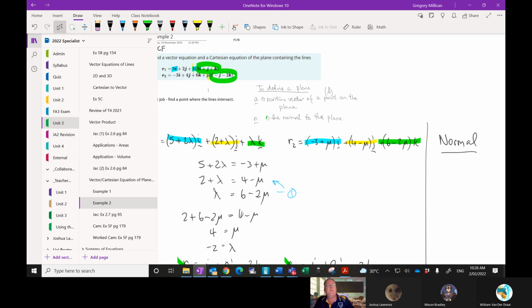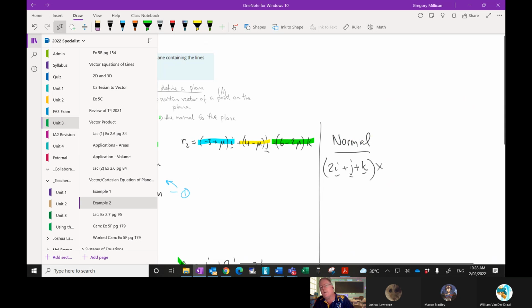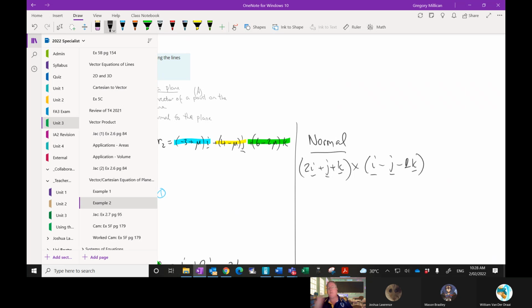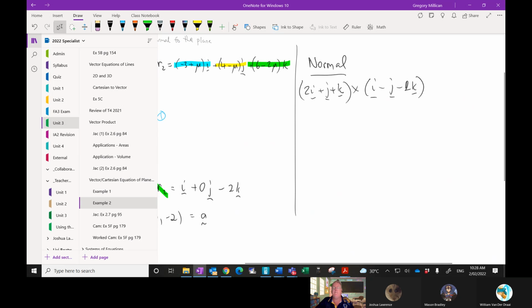So all I need to do is cross product 2i plus j plus k crossed with i minus j minus 2k. Did I remember that correctly? Yep, okay. And so that's all I need to use. I don't need the first part of it to find the normal. I just need the directions they're going in because that's the vector component part of it.